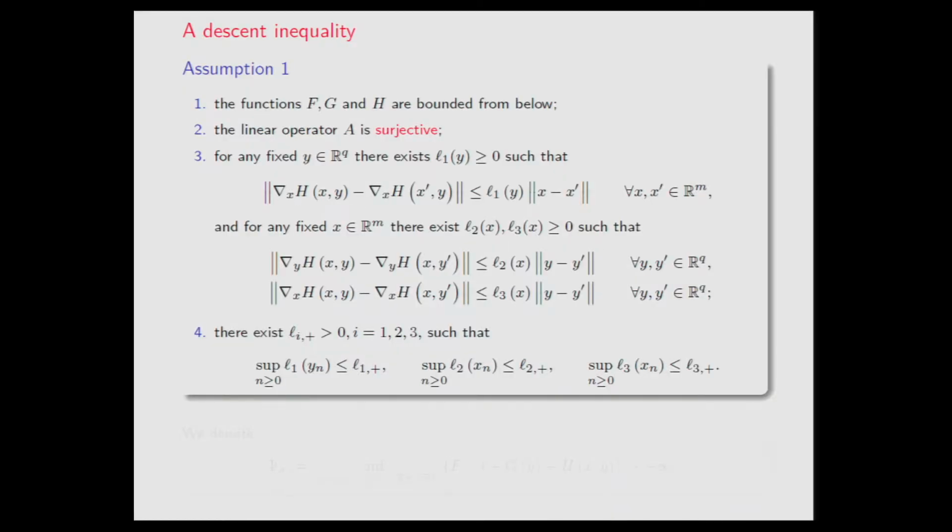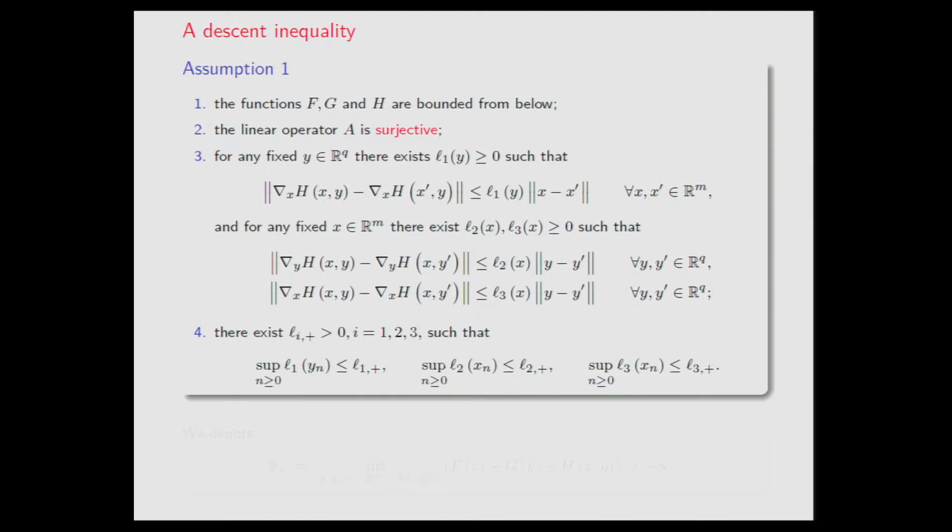Okay. So these are the assumptions. We are not very far from the assumptions in the PALM paper. Okay, we assume that the function h is differentiable in both components, and we have Lipschitz continuity of the gradient, and we have these upper bounds for the Lipschitz constants. We assume that A is surjective. Okay, so this is a strong assumption, and I'll come back later to this assumption.